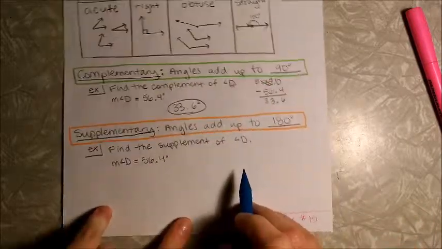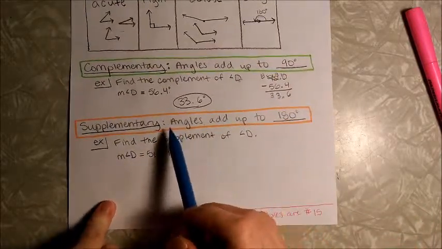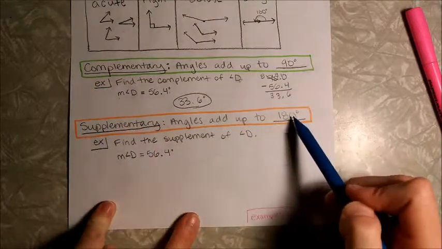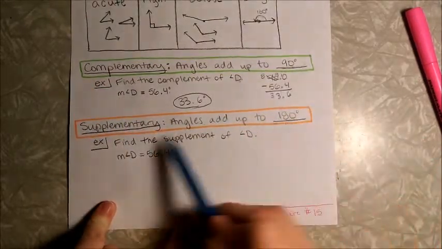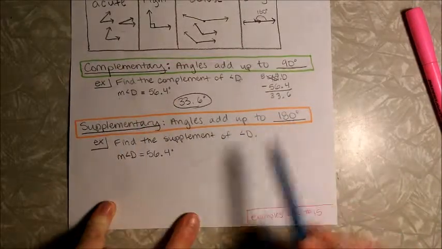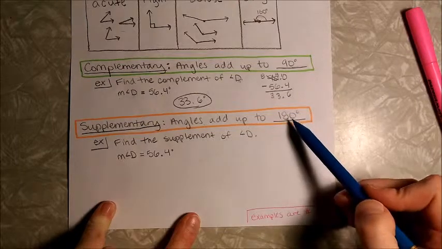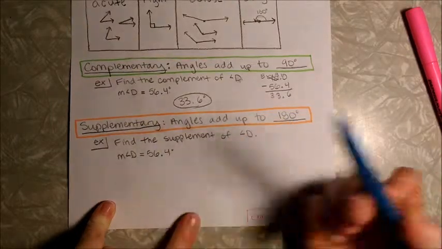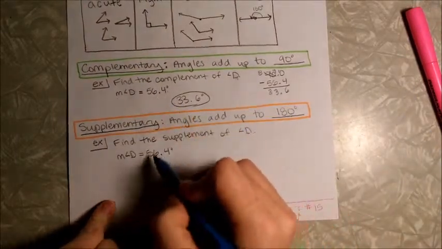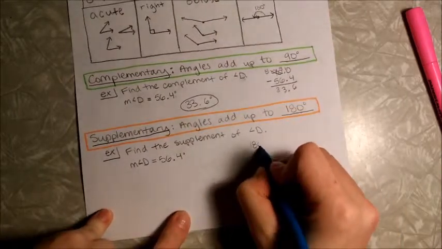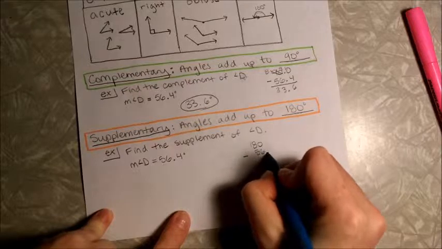Okay? Now, finding a supplement to an angle is very similar. Supplement, remember S comes after C, so 180 comes after 90, so supplementary has to go with 180 degrees. To find the supplement of any angle, you just have to take 180 minus that angle. So we're going to use the same angle, angle D, which is 56.4 degrees. Off to the side, we're going to take 180 minus 56.4.